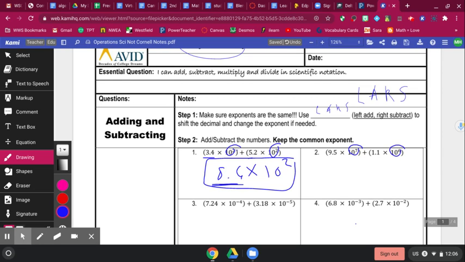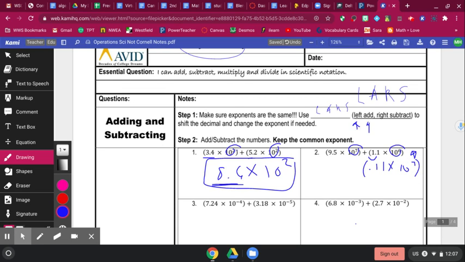So in other words, I'm going to move this 6 up to make it 7. And in order to do that, I have to add to that exponent. And if I'm going to add to that exponent, I have to move my decimal to the left. So this 1.1 then becomes 0.11 times 10 to the 7th.